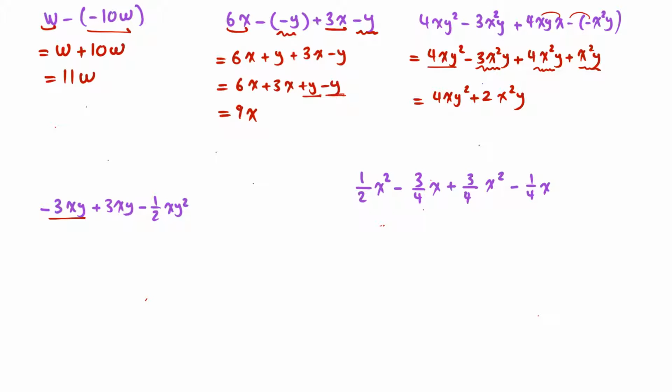So I have these two terms that are like terms because they both have variables x and y, and this one has variable xy squared. So -3 oranges plus 3 oranges. It's the same again, getting 3 oranges and eating them all. So these two cancel each other out, and you're just left with -1/2 xy squared.